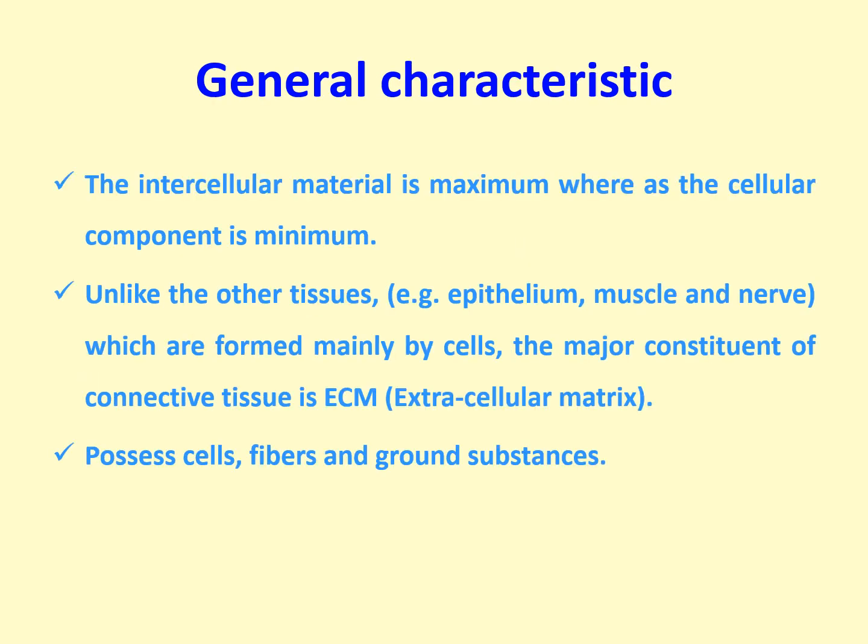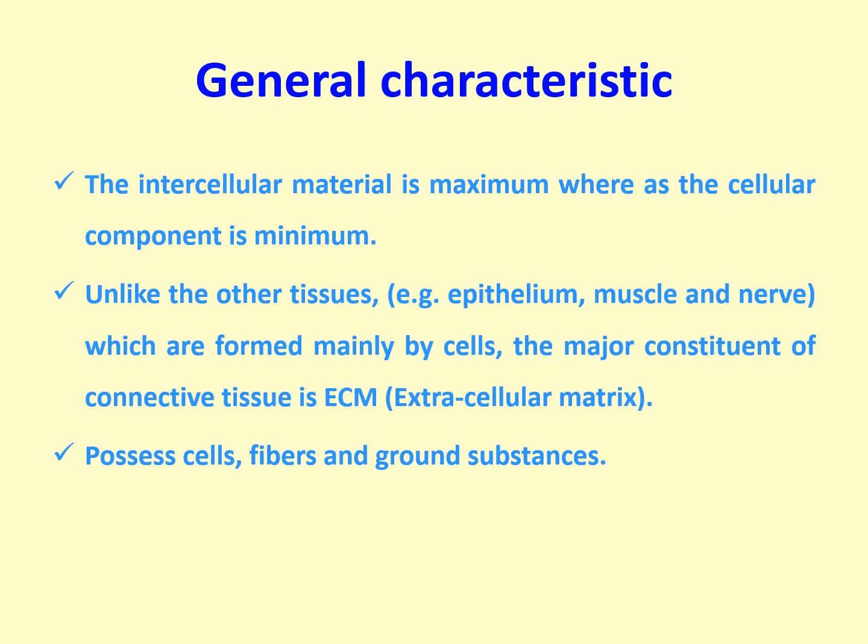There are various general characteristics of connective tissues. The intercellular material, which is known as matrix, is maximum, whereas the cellular component in connective tissue is minimum. There are actually three main components found in connective tissue. First is cells, next is fibers, and the third is matrix.